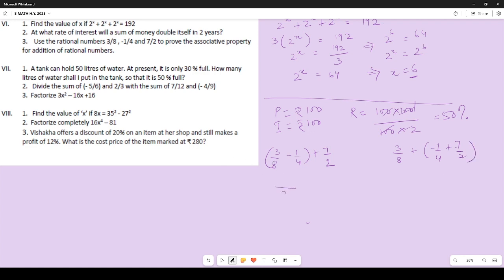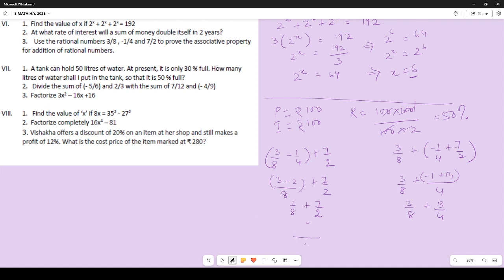So over here the LCM is 8, 3 minus 2 plus 7 by 2, and over here 3 by 8 plus 4 minus 1 plus 14, right? Let us put this inside brackets. 1 by 8 plus 7 by 2, and over here 3 by 8 plus 13 by 4.